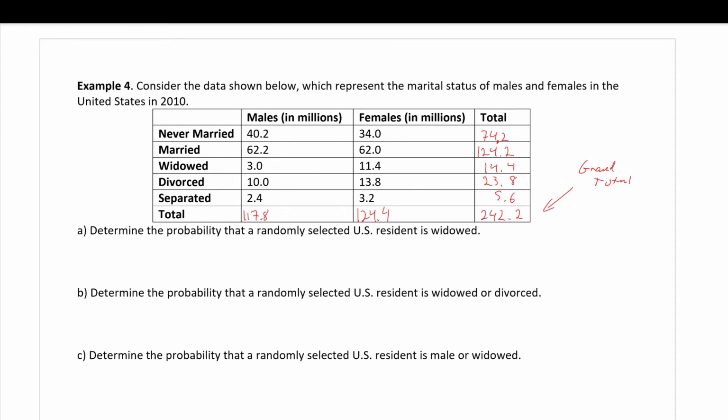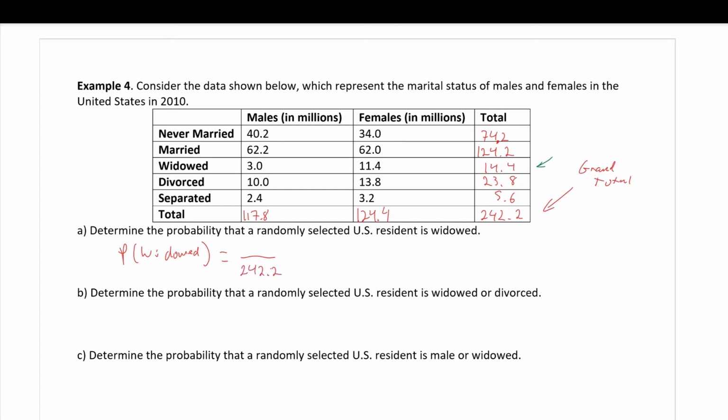Determine the probability that a randomly selected U.S. resident is widowed. So you notice how they did not specify the sex, male or female, right? So they're literally just asking for probability of widowed. So we're randomly selecting one of these people. So the denominator should be the grand total. Okay. And how many are widowed?